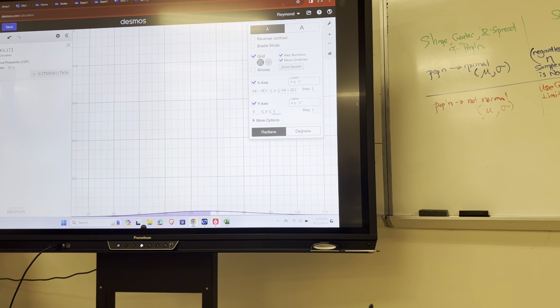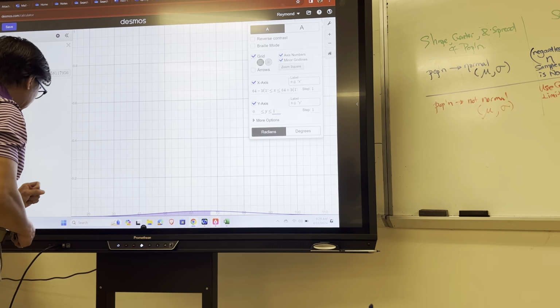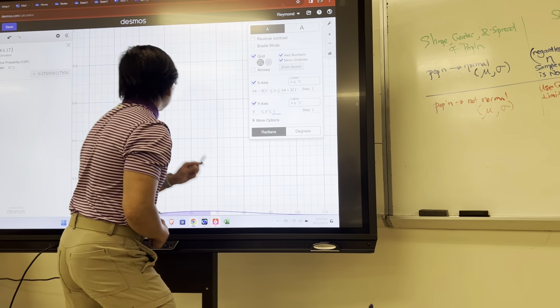Once again, my normal distribution for the sample mean is 64 according to your population mean, and your standard deviation is 70. It says the probability of your x bar, the random sample mean, being less than 67.3.